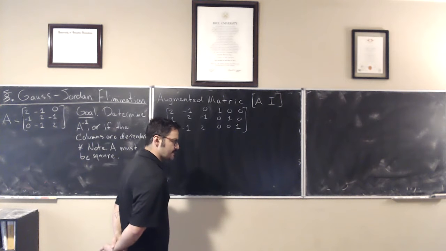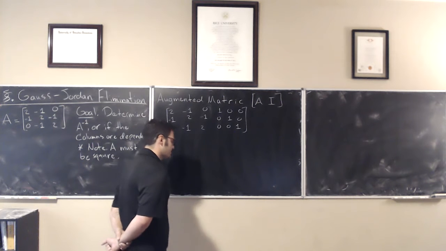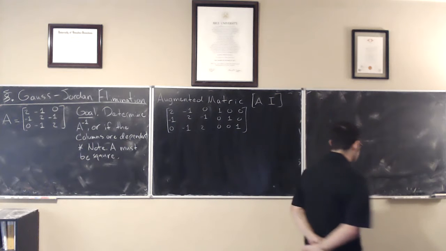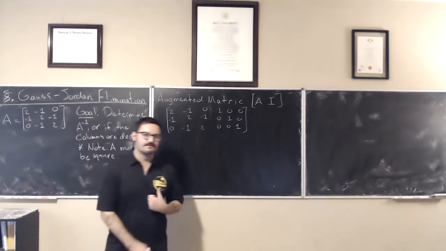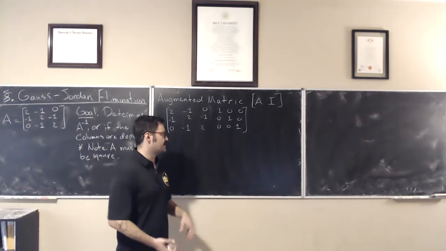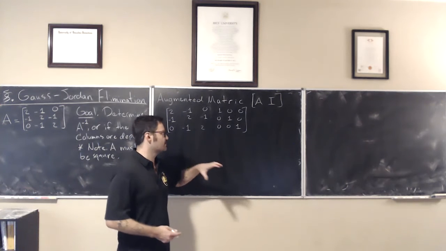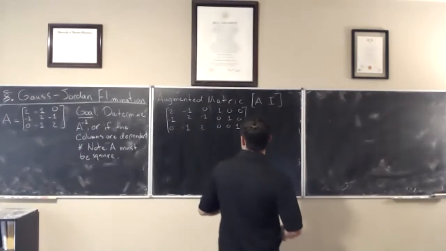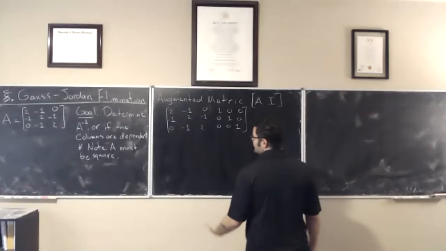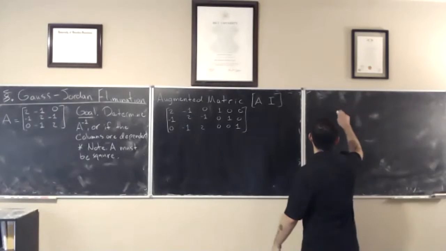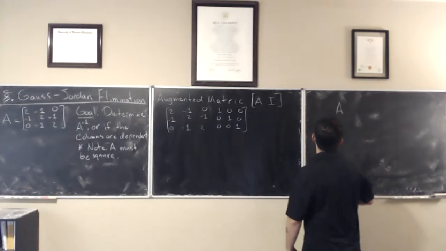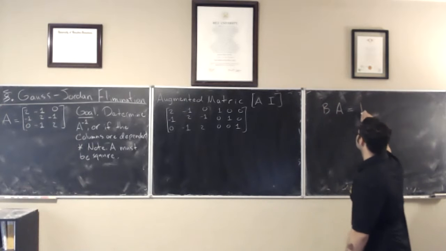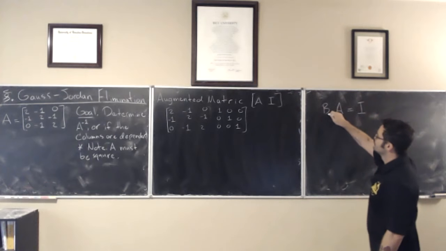I need to emphasize that what we're doing here is exactly what we were doing with the matrix multiplication video. I don't know if you remember how I made a game of trying to figure out what matrices to multiply. But this is kind of why I don't like Gauss-Jordan elimination, because really what we want to know is what matrix B times A is going to equal I. And that's the inverse.